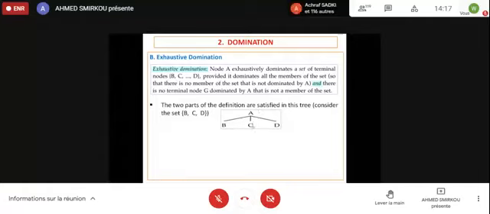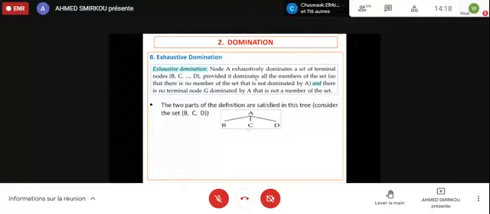Remember that domination is a relation that holds between the mother and the daughter. So let's explain the definition to understand exhaustive domination. Node A exhaustively dominates a set of, please pay attention, we're not talking about one node, we're talking about a set of nodes, B, C, D, a group of nodes.